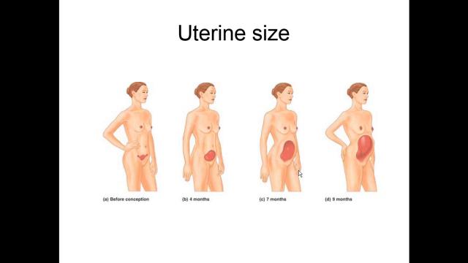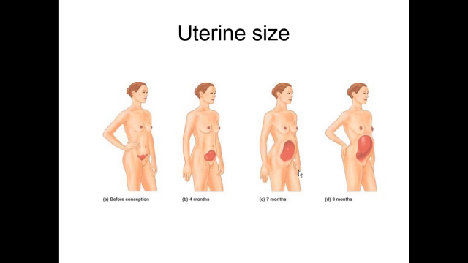Kidneys are going to increase in size to accommodate for that, and as the uterine size increases, it is sitting right on top of the bladder, and so we definitely see increased frequency of urination. But I definitely noticed this occurring very early in pregnancy. Didn't have to wait until the uterine size got bigger. There's definitely increased frequency of urination because of the increased filtration rate and the increased blood volume.